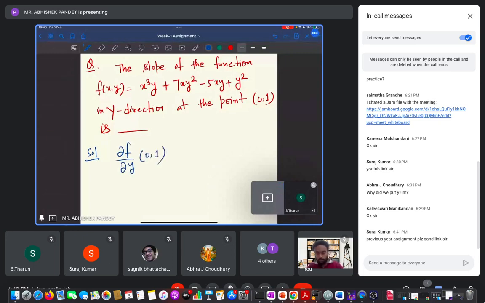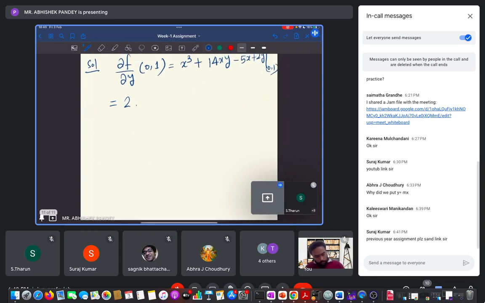So you have to partially differentiate with respect to y. So this will be x cube plus 14 x y minus 5 x plus 2 y at the point 0 comma 1. So you will get 2 only. So the slope is 2. This is the answer. Okay, clear.